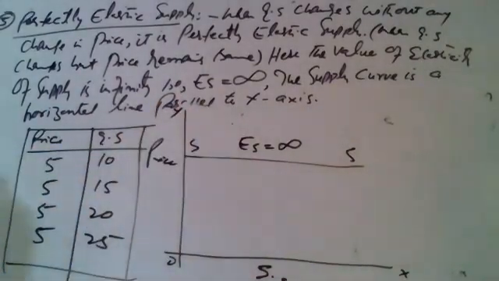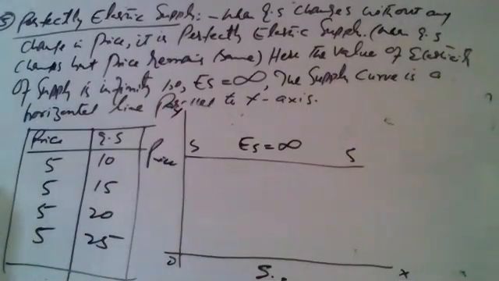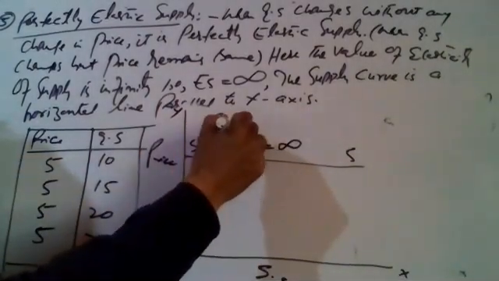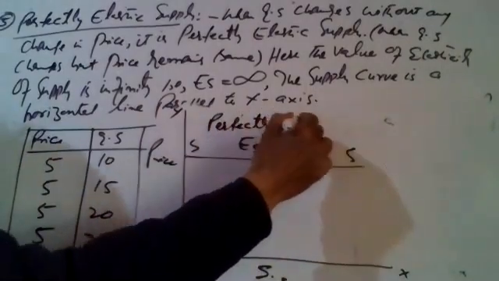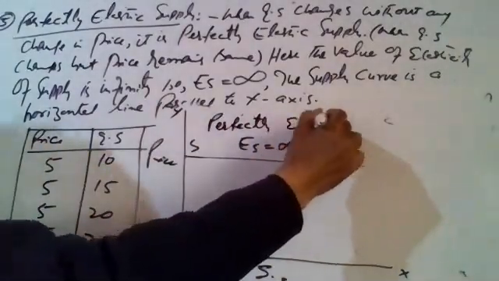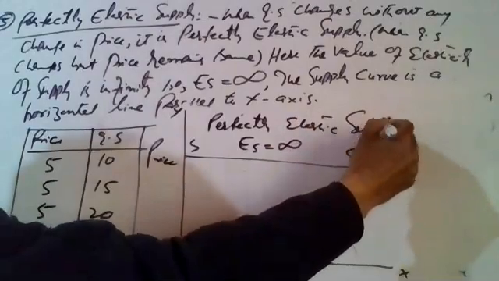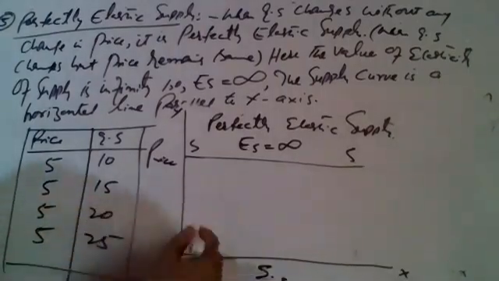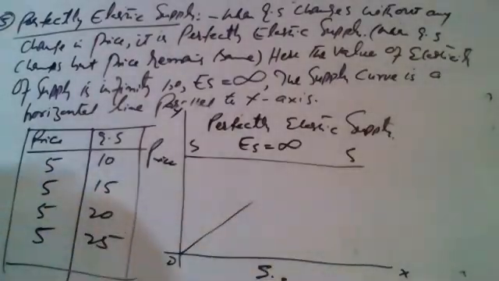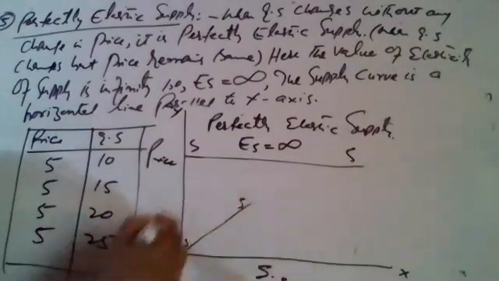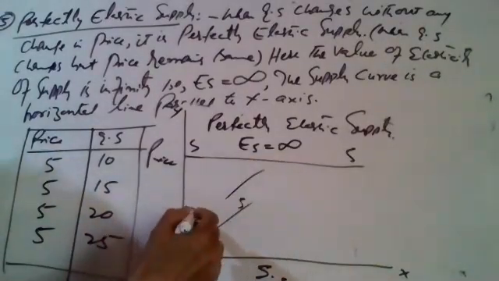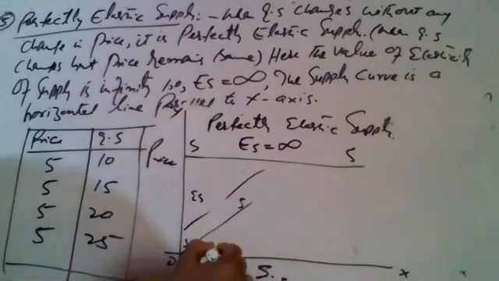So these are the different degrees of elasticity of supply. Unit elastic: the supply curve starts from the origin. Starting from the y-axis, elasticity is more than 1.